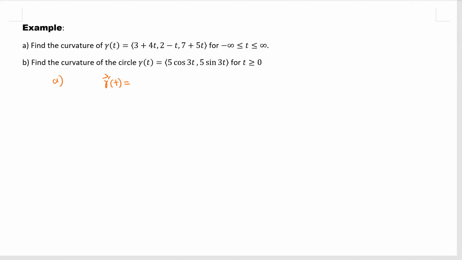The derivative of a constant is 0, the derivative of 4t is 4, the derivative of the second coordinate is -1, and the last coordinate gives 5. Because they're all linear functions, the derivative is just the coefficient of t. Then what is the length of it? The square root of 4 squared plus (-1) squared plus 5 squared, which is 16, 1, and 25. So the answer is square root of 42.